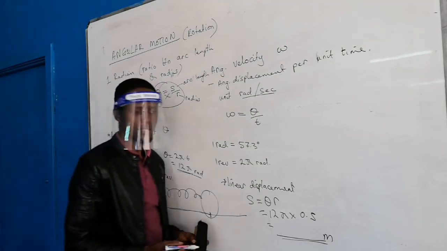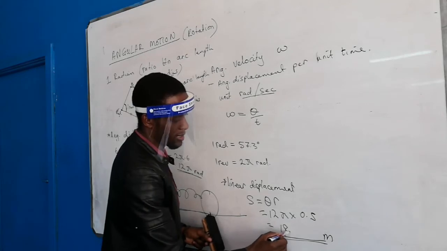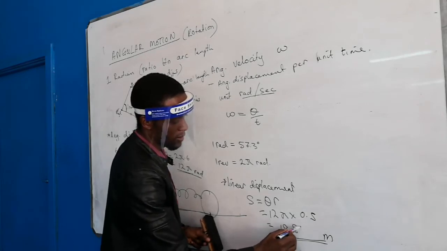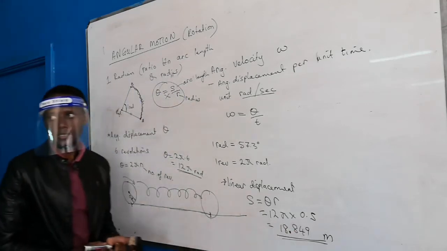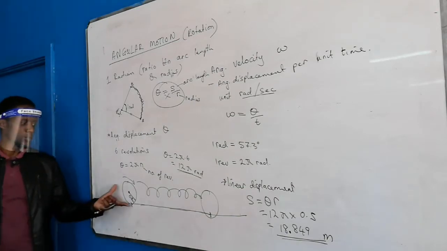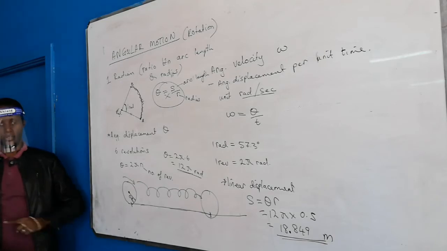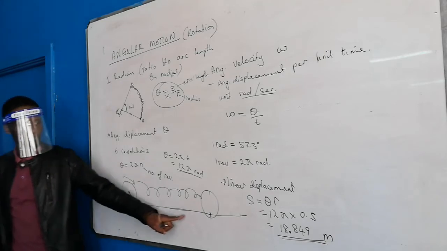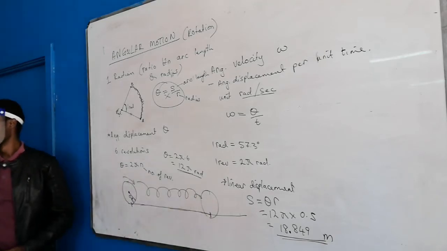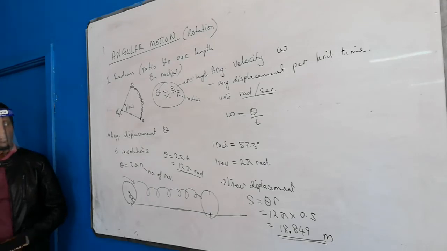How much? 18.849. So whether it was a bicycle or a car, after 6 revolutions it has covered 18.849 meters. I hope that's correct.